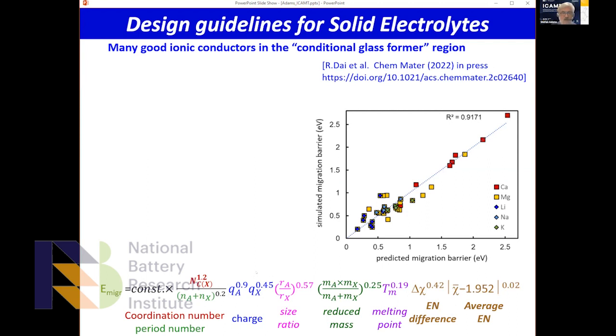Also, the anion charge shouldn't be too high. The size ratio matters: the cations shouldn't be too big compared to the anion size. The melting point of the material should be low, and the material should not be too ionic. So it's actually helpful if the salt is not really a salt, but somewhere between a salt and a covalent compound.